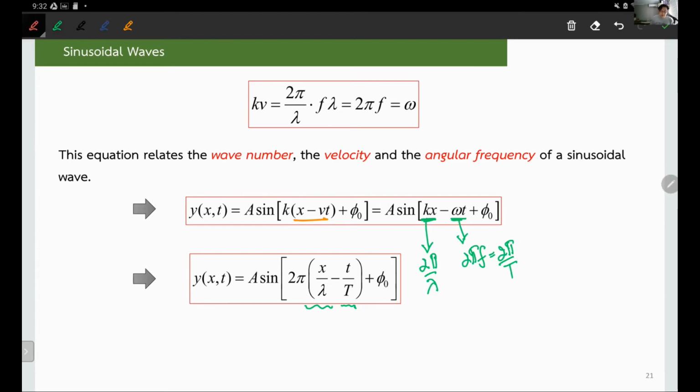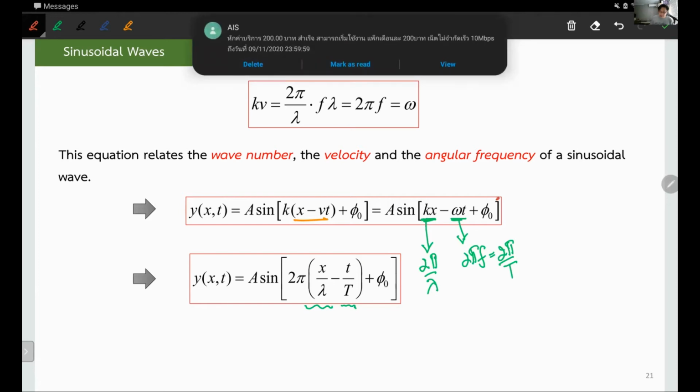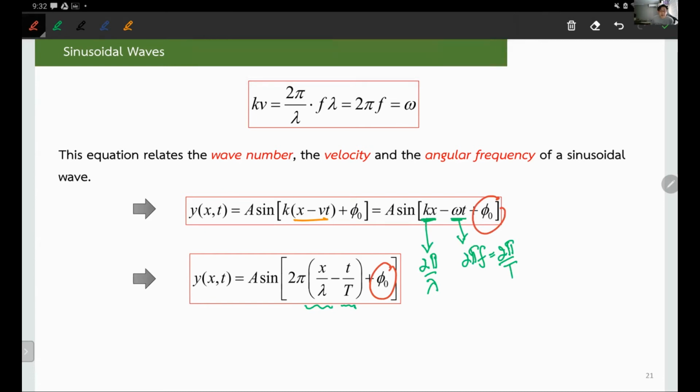Now, the last point before everything is done here: you probably notice that there is an extra phi naught right here. What does this do? The answer is, it is your starting point.